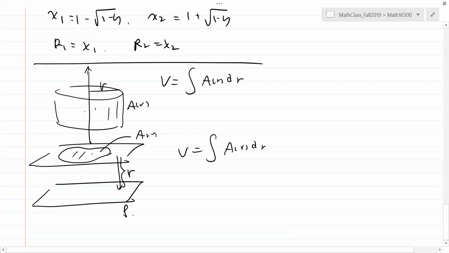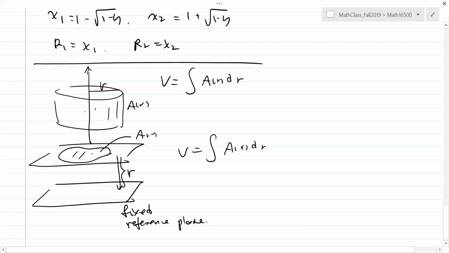This is fixed, and we call it the reference plane. The top one is a one-dimensional line. So those are two ways to evaluate, to find the volume.